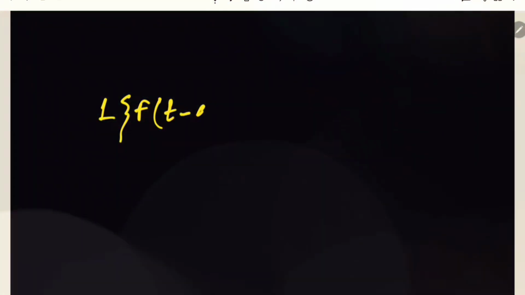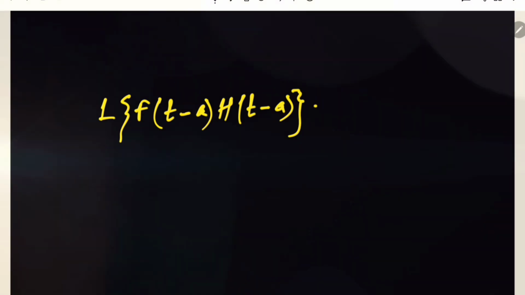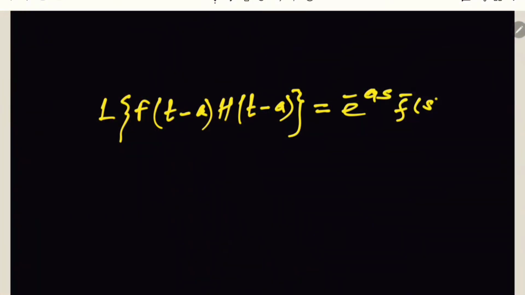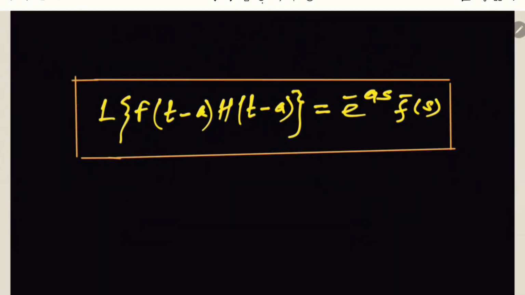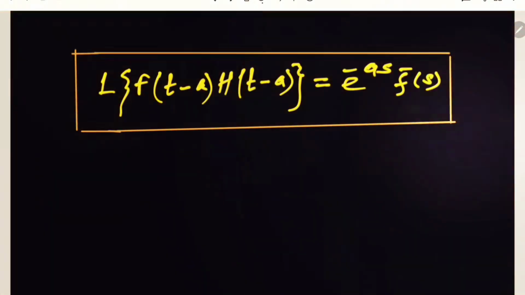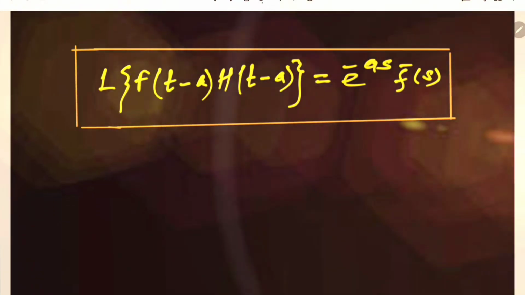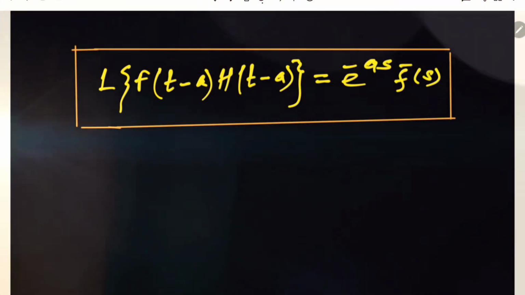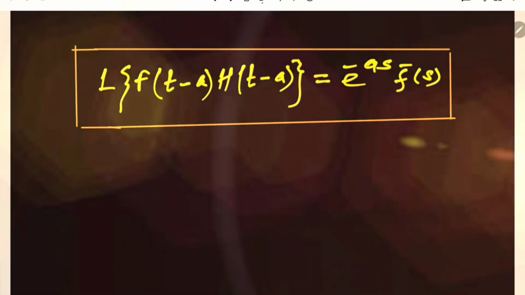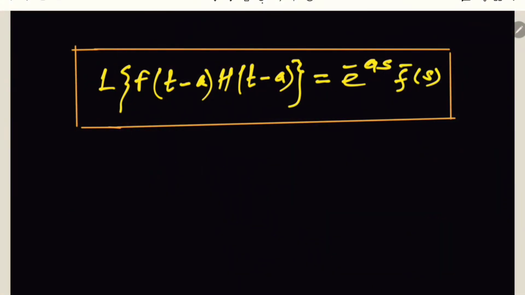Laplace of f of t minus a multiplied by h of t minus a is e raised to minus as into f bar of s. For the derivation, I will provide my previous video link. Therefore, watch that video to see the proof of all these results.